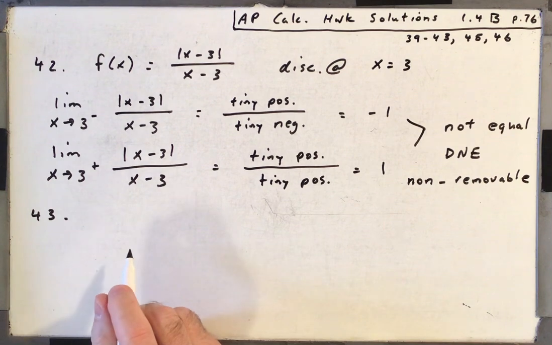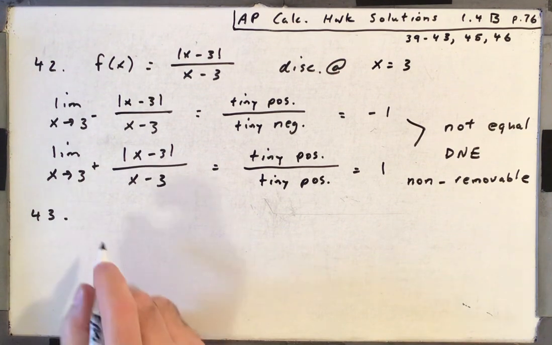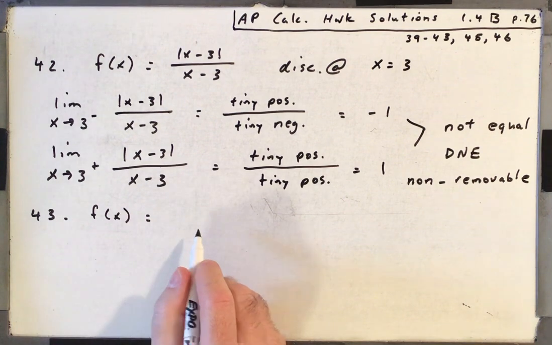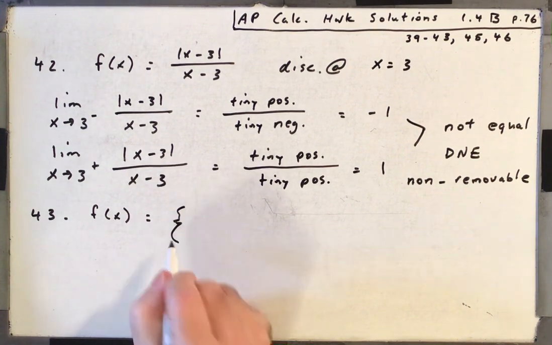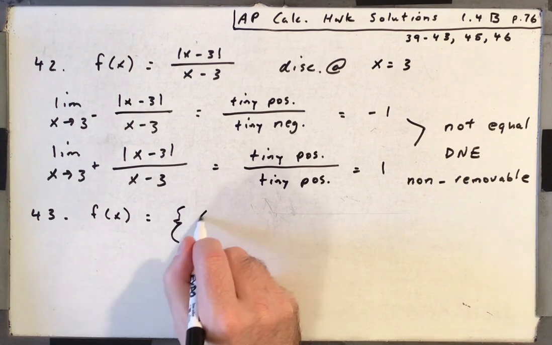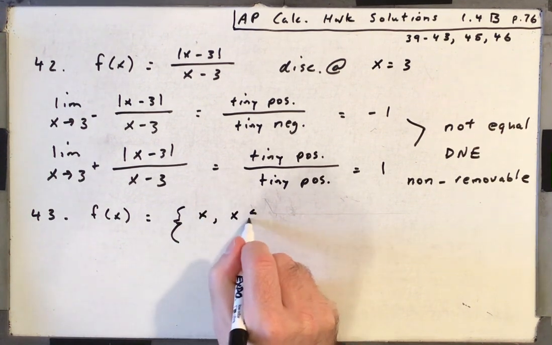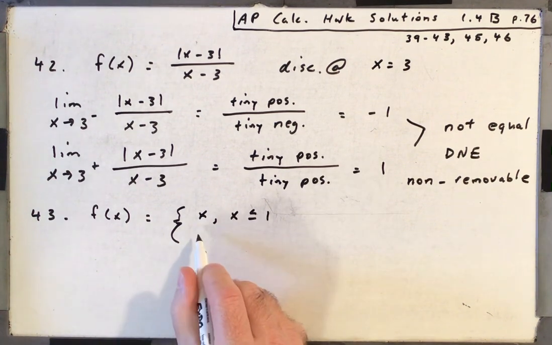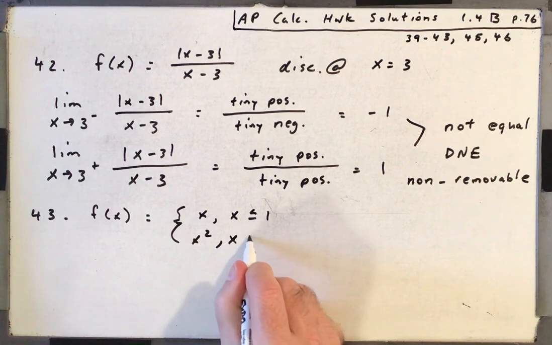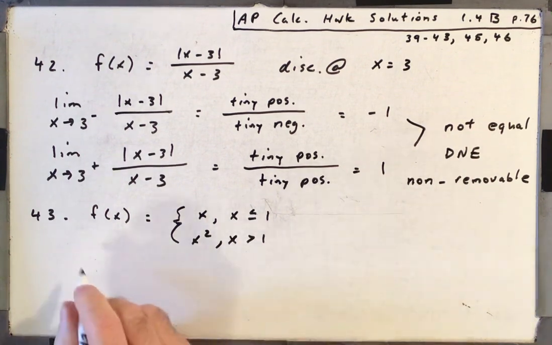Okay, let's see if we can squeeze 43 in here. All right, piecewise. So we've got f of x is equal to x, and what a terrible bracket, when x is less than or equal to 1. So from the left, and then x squared when x is greater than 1. So you just have to take the limit of each.